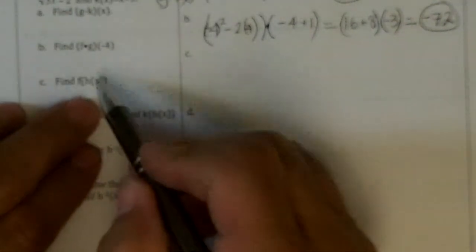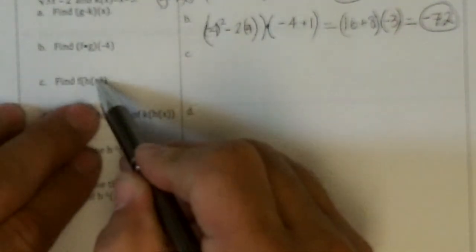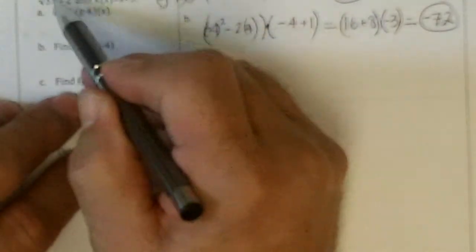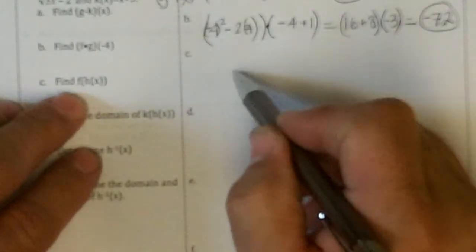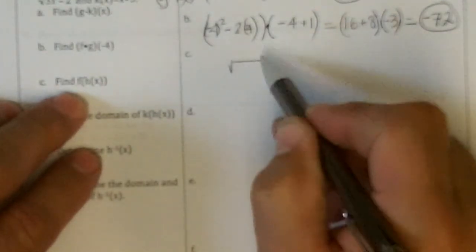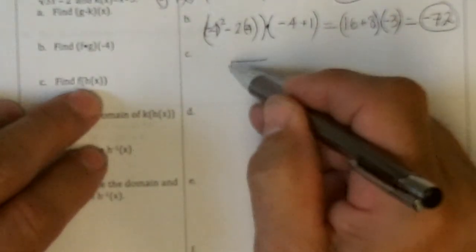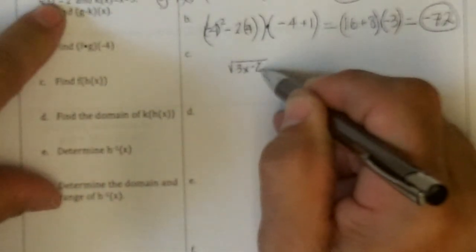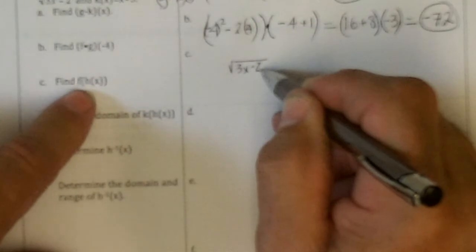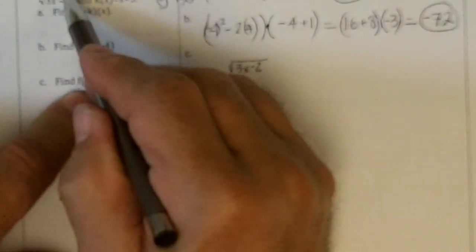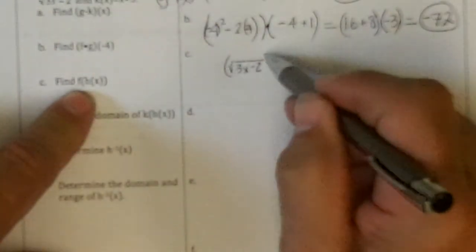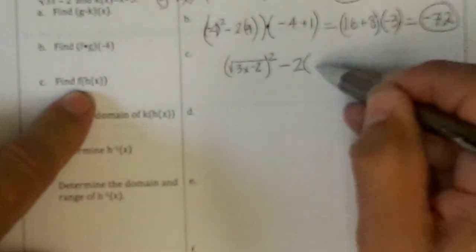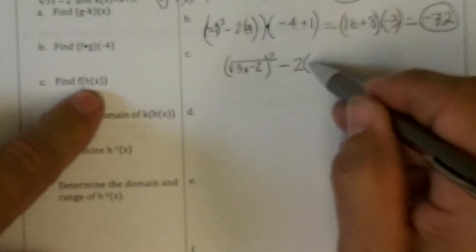C. I'm supposed to put h of x into f of x. h of x is the square root of 3x minus 2, and I'm supposed to put that into f, which I got to put in for both x's, so the first x is squared, minus 2 times the x, which we're putting h of x in for.